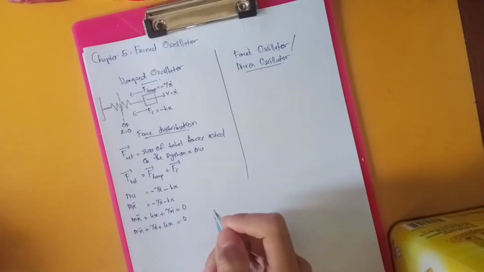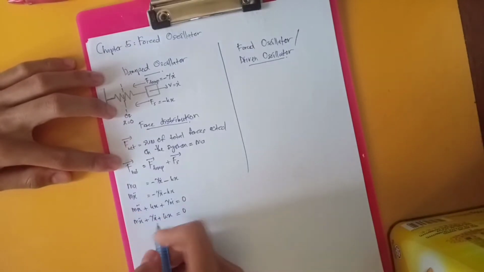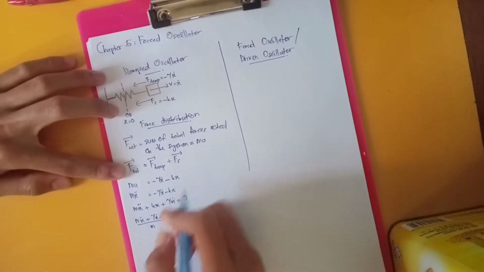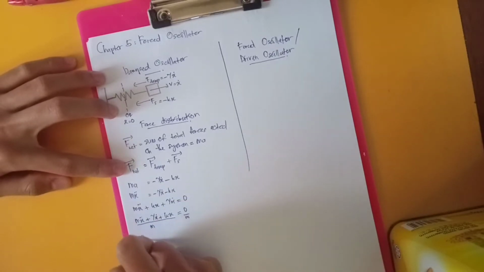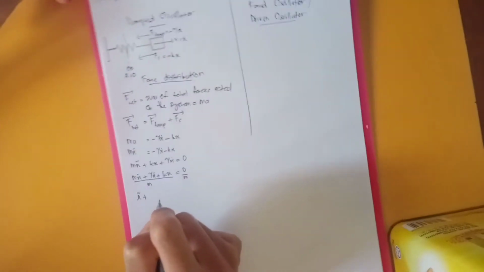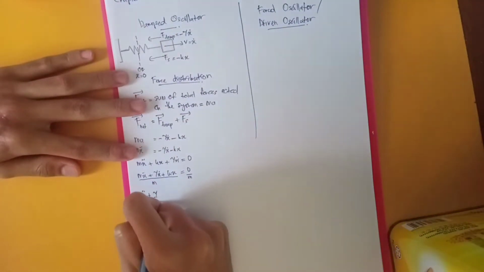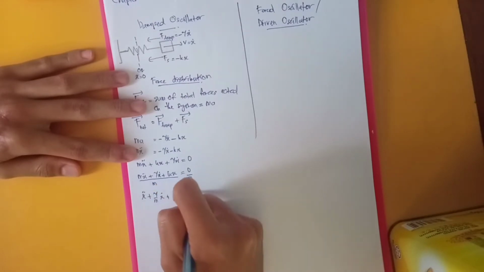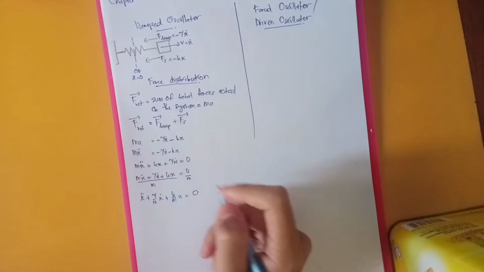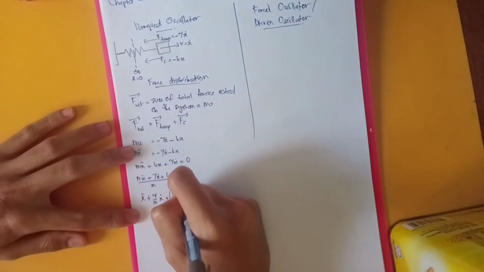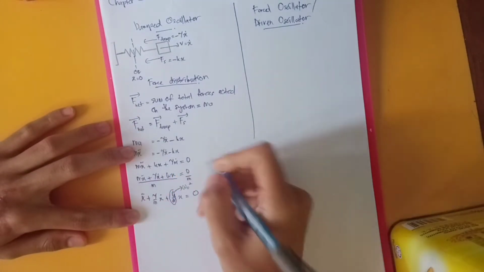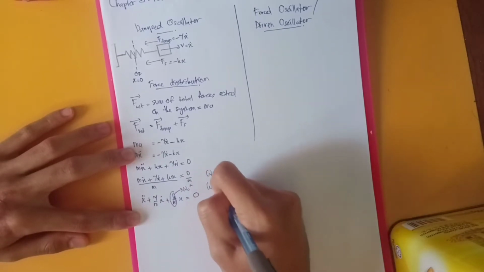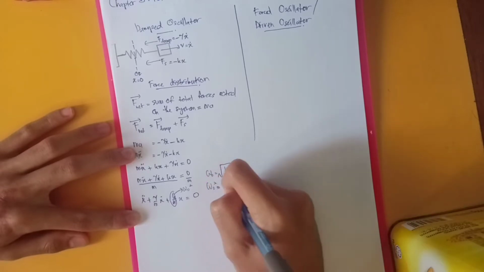Now every component will be divided by m, because we want to remove the mass from the system. Finally we get x double dot plus gamma over m x single dot plus k over m x equal to 0. We know that omega naught equals the square root of k over m, so omega naught squared is equal to k over m.